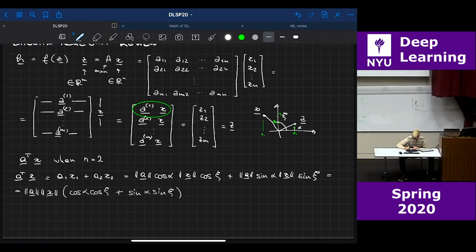What is the stuff in the parentheses? Cosine of xi minus alpha. So that is the cosine of the difference of the two angles. Everyone knows trigonometry here, it's high school stuff. So this is equal to the magnitude of A times the magnitude of x times the cosine of xi minus alpha, or the other way around, alpha minus xi.